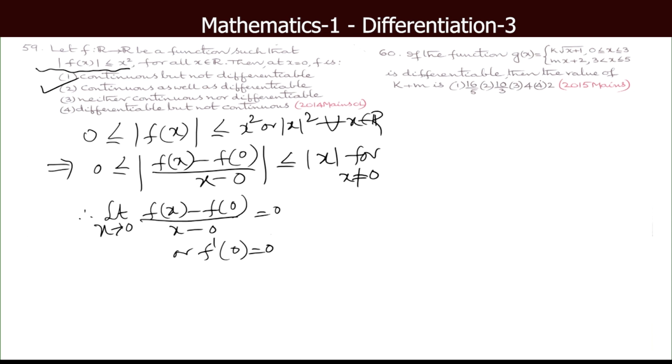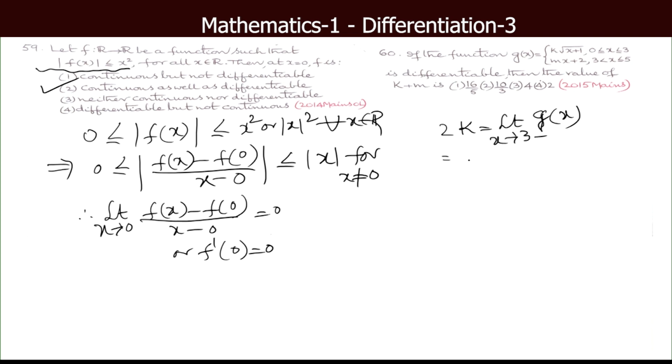2015 mains. Well, differentiable means it is continuous. Continuity means the left limit and right limit must be equal. The left limit at x equal to 3 is 2k, the limit of g(x) as x tends to 3 minus.